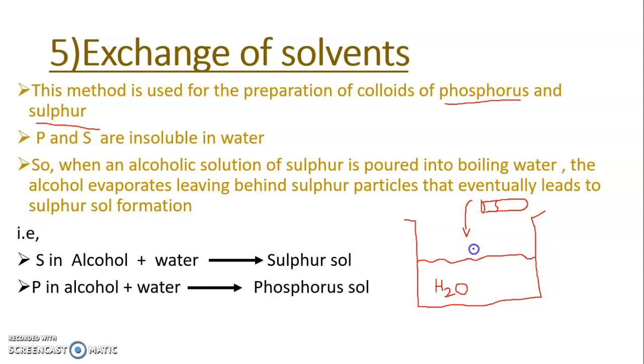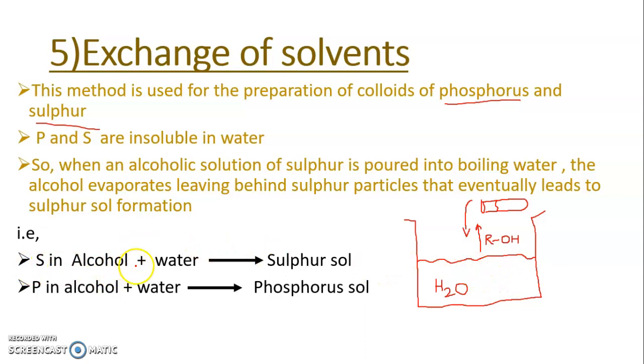What happens is that the alcohol, after reaching this boiling water, gets evaporated. Why? Because we know that alcohols are more volatile compared to water, so they easily get evaporated. Then what remains in this solution is sulfur, thus forming sulfur salt. So that is the reaction.